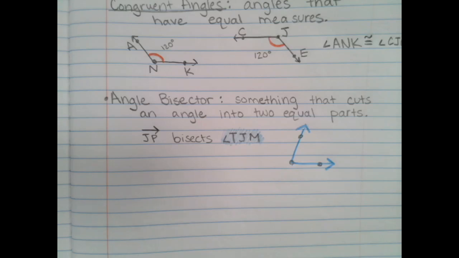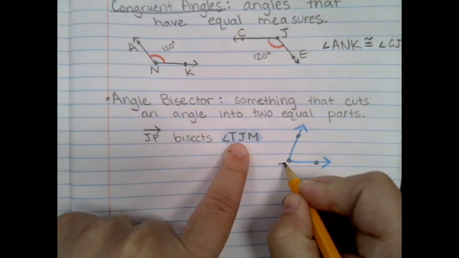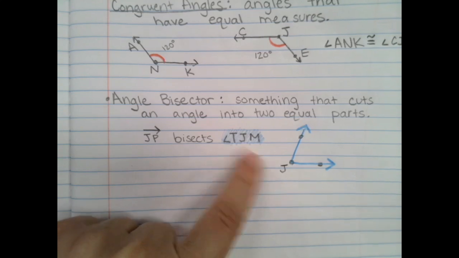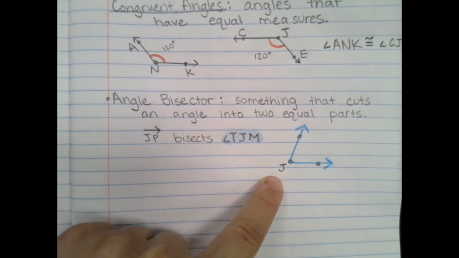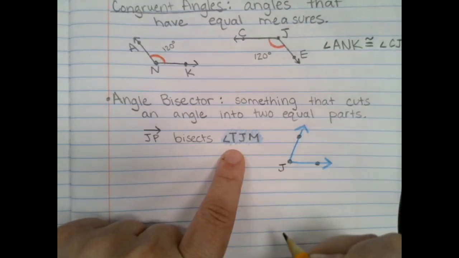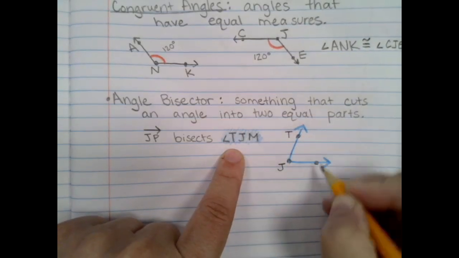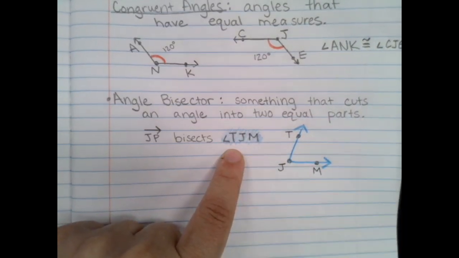What are my 3 points going to be? T, J, and M. Good. And the one that's really important is J has to be the middle, or the vertex. Good. The other ones can just be T and M. Doesn't matter which one you put where. I'm going to do T first and then M.